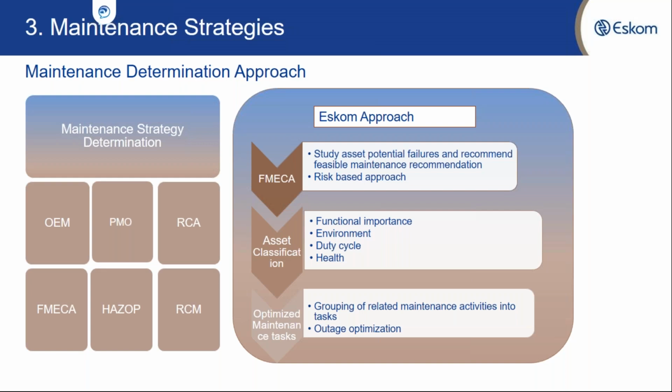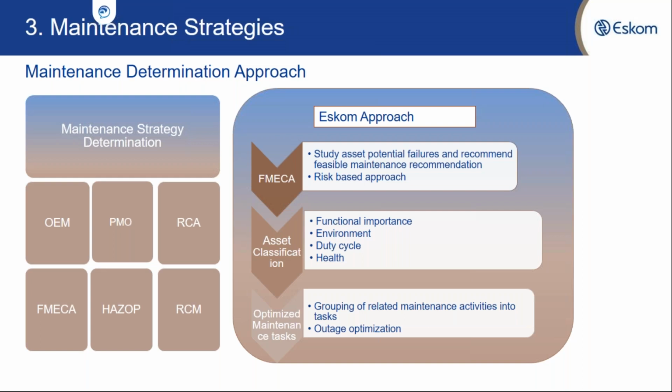So how we approach it in Eskom, we do the failure modes, effects and criticality analysis. We do that to study the asset's potential failures and recommend feasible maintenance approaches. Then we do what you call asset classification, which is looking at the functional importance, the environment, the duty cycle, as well as the asset health. These are the factors that might influence asset failure.